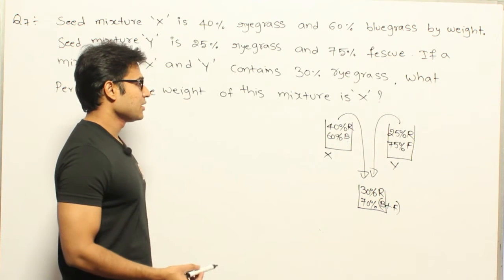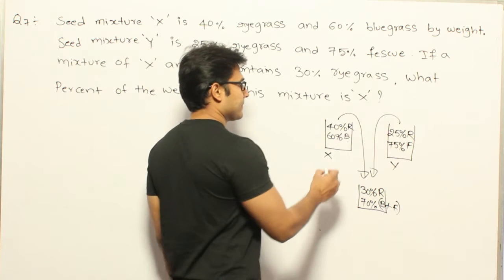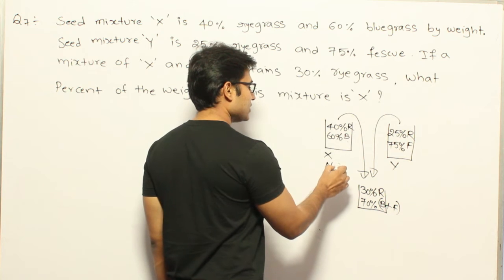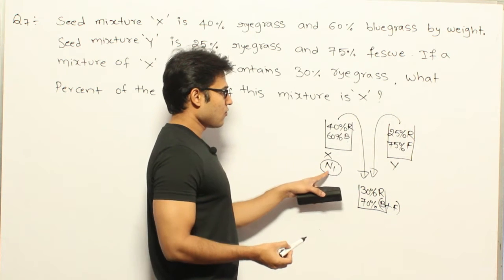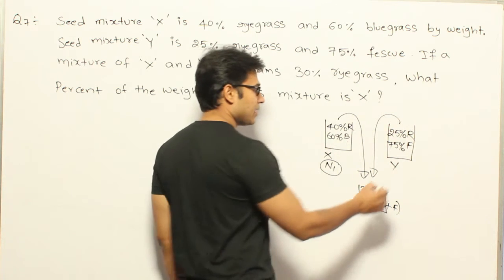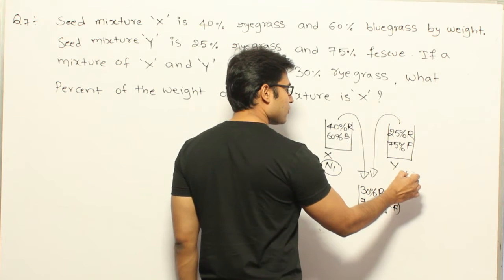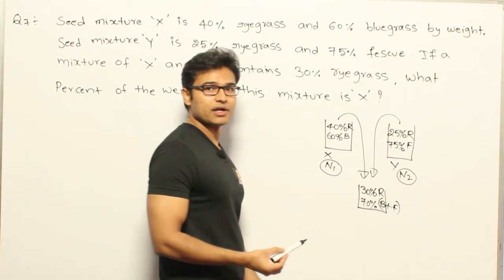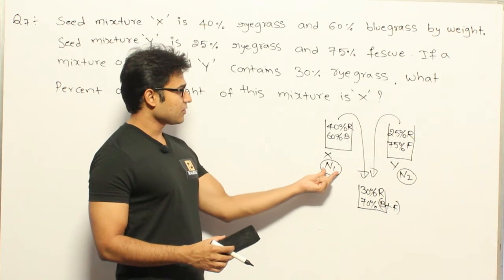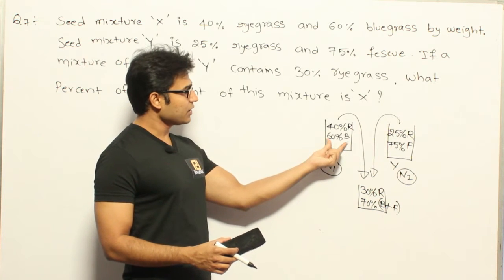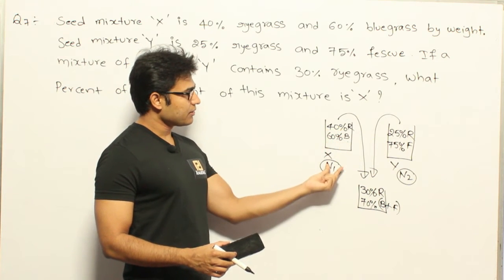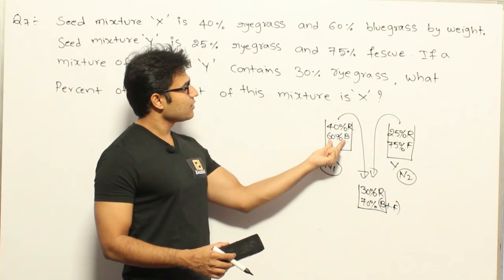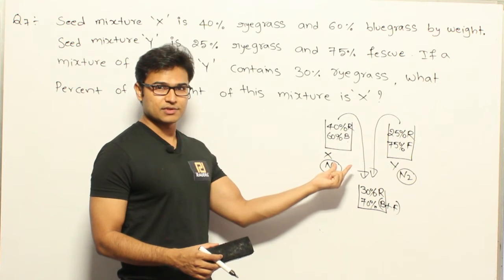Now we don't know that, so assume that N1 cages of X is taken, and assume that N2 cages of mixture Y is taken, right? Now if you are taking N1 cages from X, then out of that 40% will be ryegrass and 60% will be bluegrass seeds, isn't it?